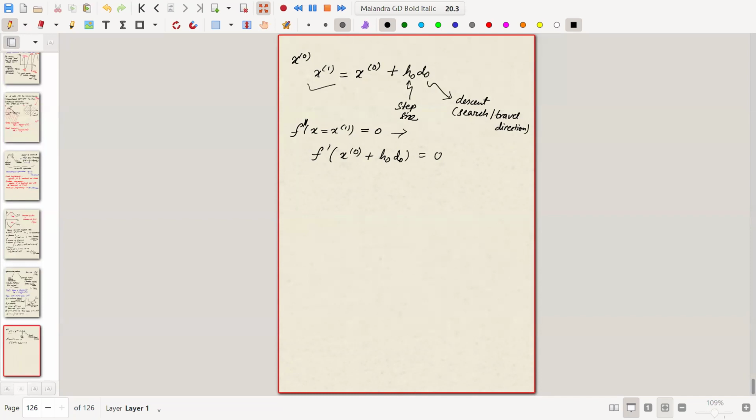Now it should be very clear to you what to do in the next step. If something is equal to 0, then what should you do? You know it.